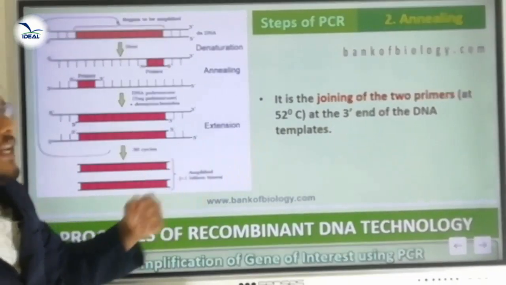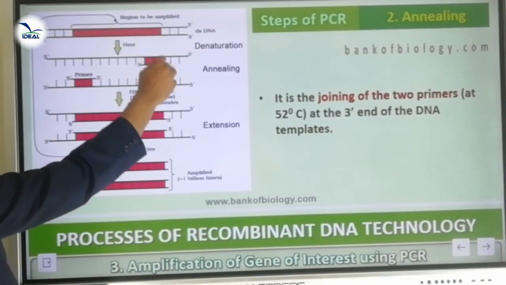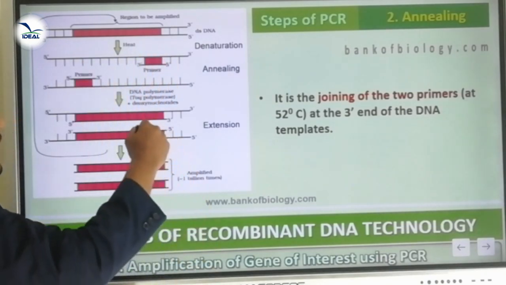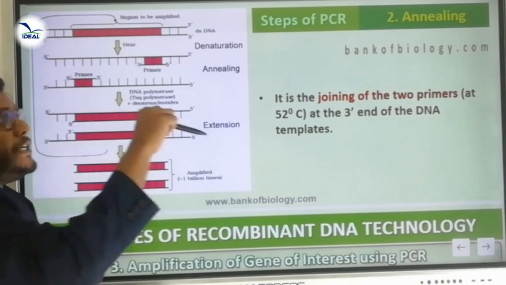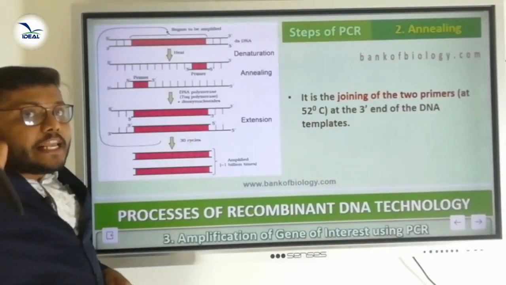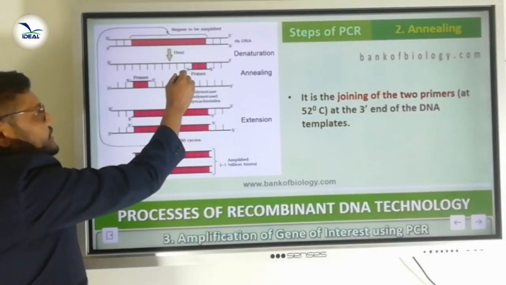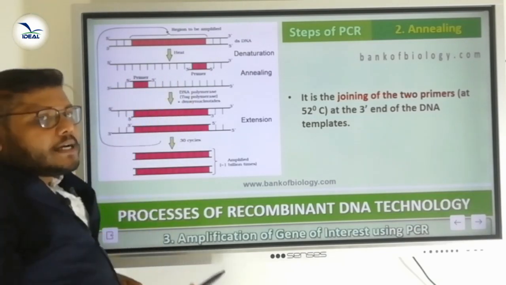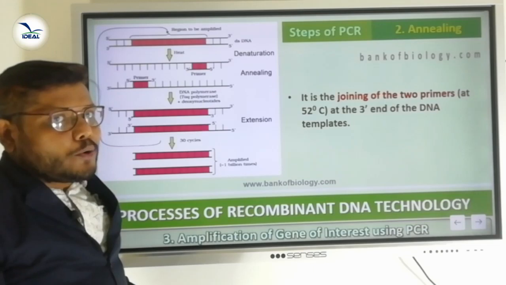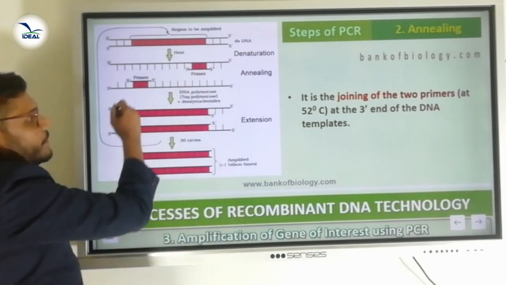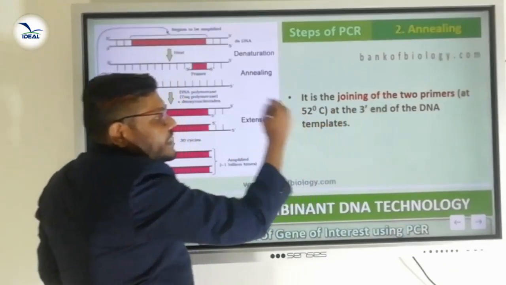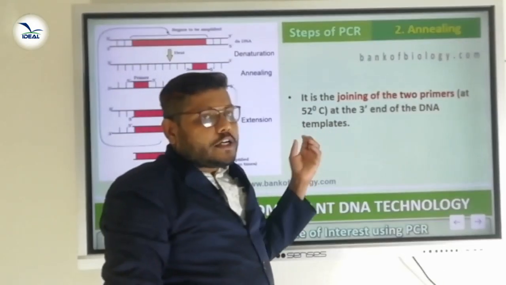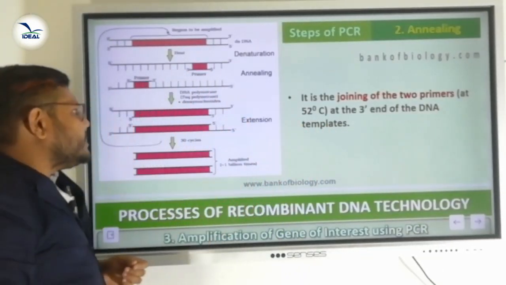Primers are chemically synthesized oligonucleotides. So we are adding these primers at the 3' end of the DNA template, at a low temperature of 52 degrees Celsius.